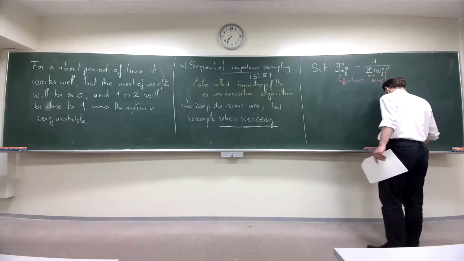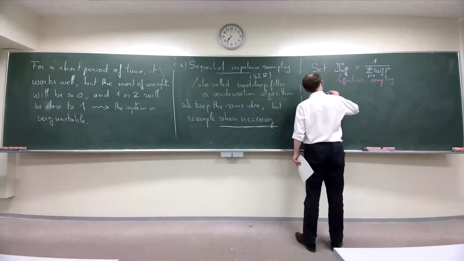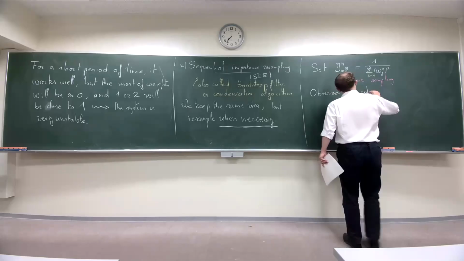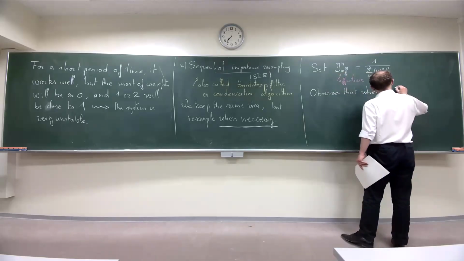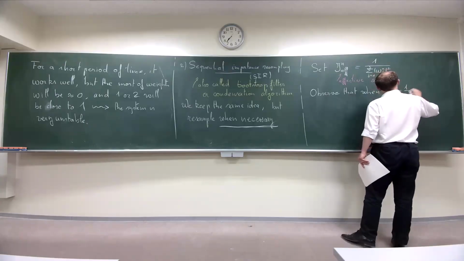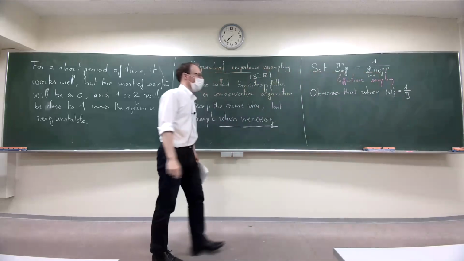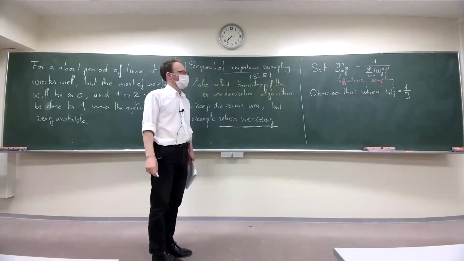Very simple. Observe, at the very beginning, when all weights are equal to 1 over J. If all weights are equal to 1 over J, what is this effective number?